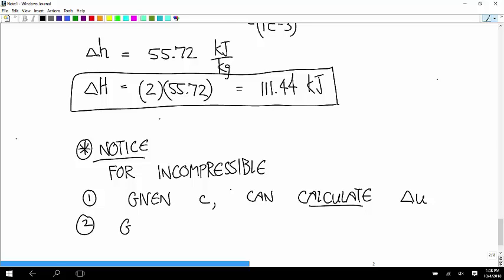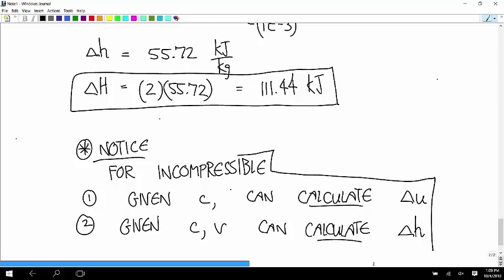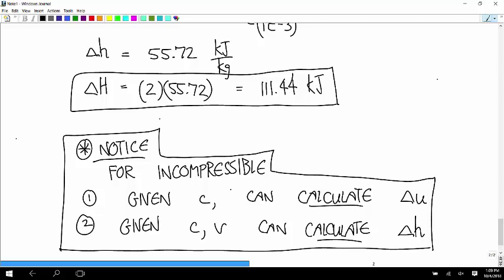And second, if we're given C and the specific volume, we can calculate the change in specific enthalpy. No table needed.